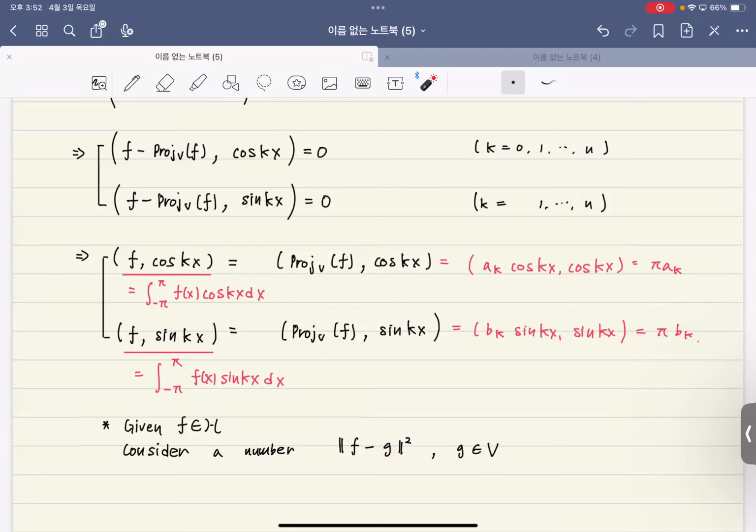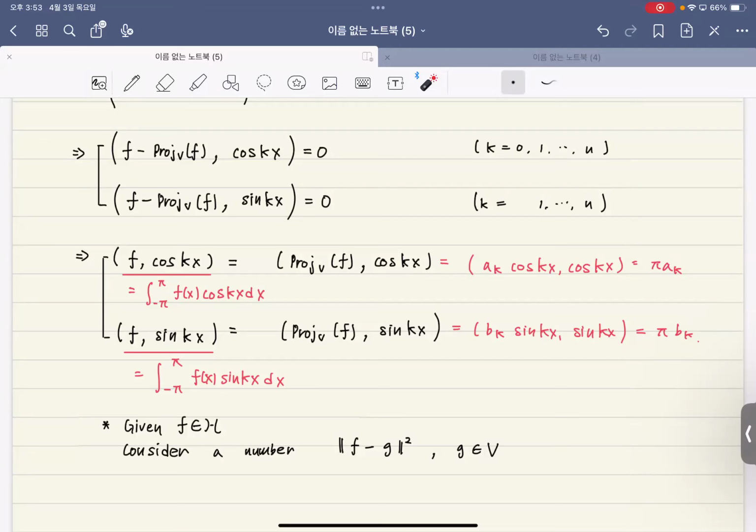I want to put a little emphasis on this number. So what is this number? This number actually means the area squared. Suppose that you have two functions, f and g. (f minus g) squared is somehow related to the area enclosed by these two functions between minus pi and plus pi.